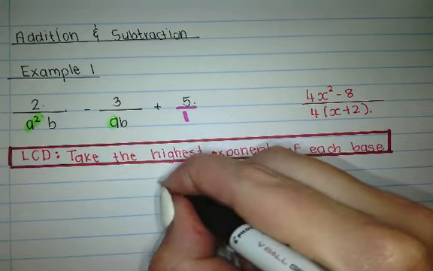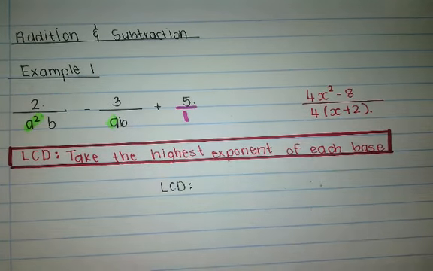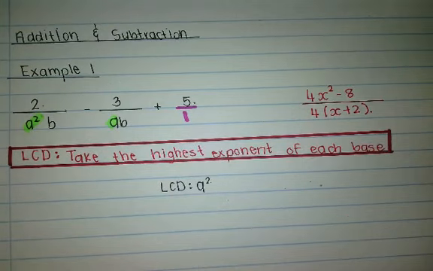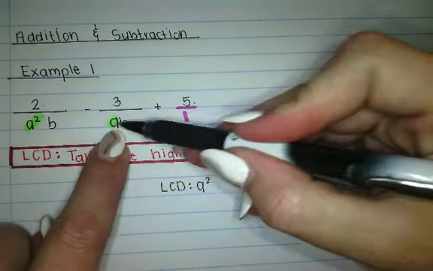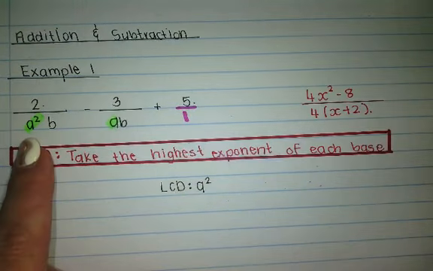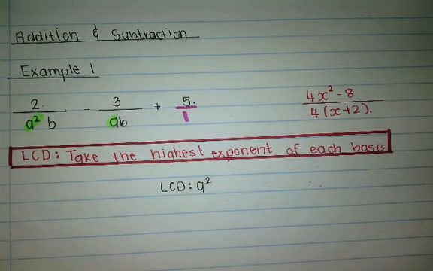So far, my LCD, we take the highest one, is going to be a squared. The reason why I take the highest one is because I can multiply a with a to make it a squared.